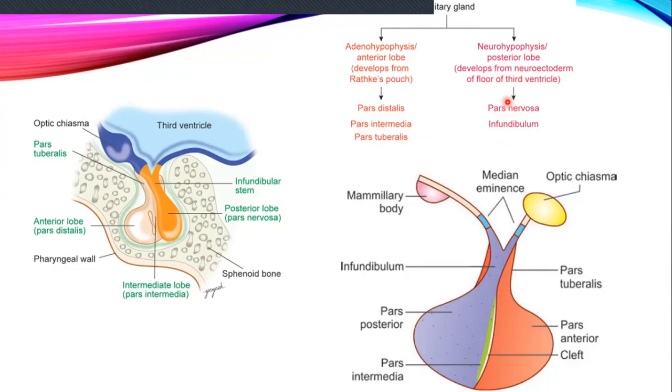So the pituitary gland's embryological origin is ectodermal in nature, because neuroectoderm originates from the ectoderm. Remember ectoderm? During neurulation, ectoderm will form surface ectoderm and the neuroectoderm. So the pituitary gland is essentially ectodermal in origin.